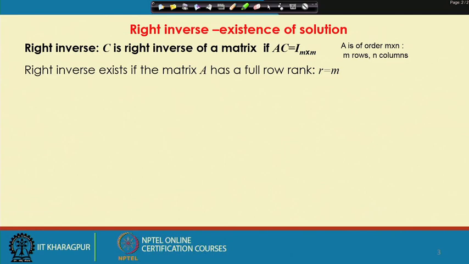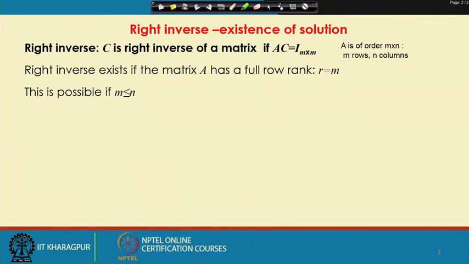That means, if we consider the matrix as a collection of linear equations, we have all independent linear equations. This is possible if the number of columns is greater than or equal to the number of rows, because if the number of columns is less than m, then we cannot have m independent rows.